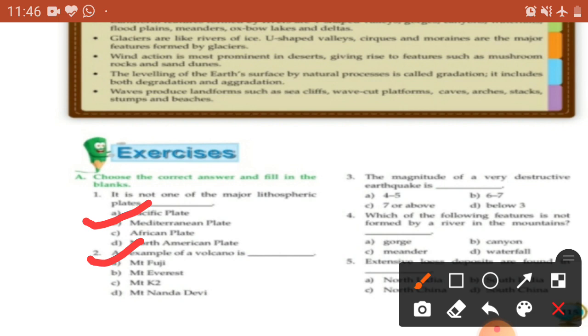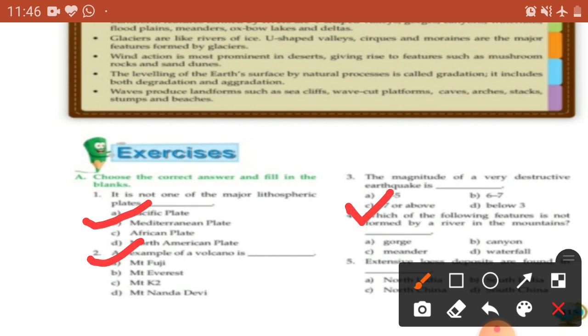Next, the magnitude of a very destructive earthquake is: A 4 to 5, B 6 to 7, C 7 or above, D below 3. The right option will be option C, 7 or above. Fourth question: which of the following features is not formed by a river in the mountain?